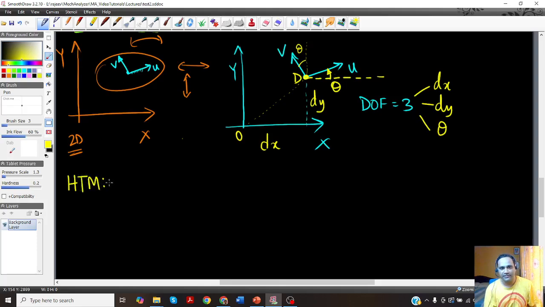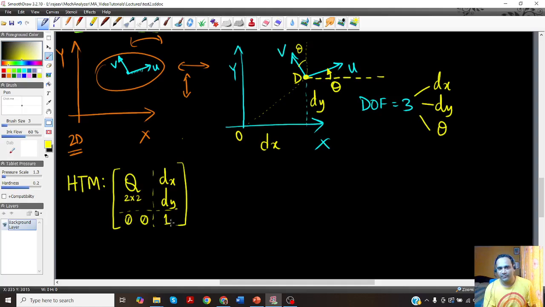Again, this comes in robotics, but I just want to very briefly explain it here because we are going to deal with some animations in the mechanisms, so it's good that we know that part. HTM has information about the orientation of that U frame, and it also has the position information dx, dy, and the third row is of this form: 0 0 and 1.